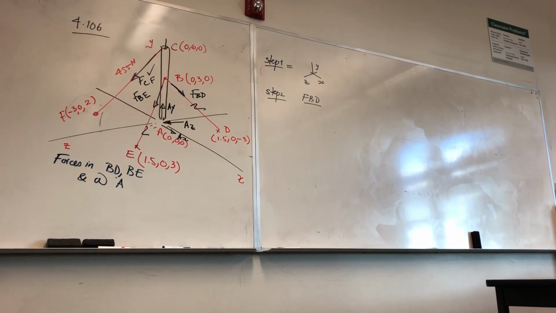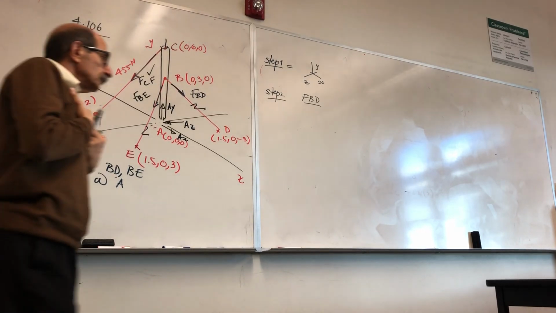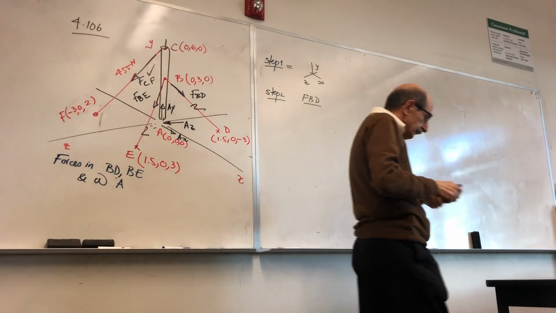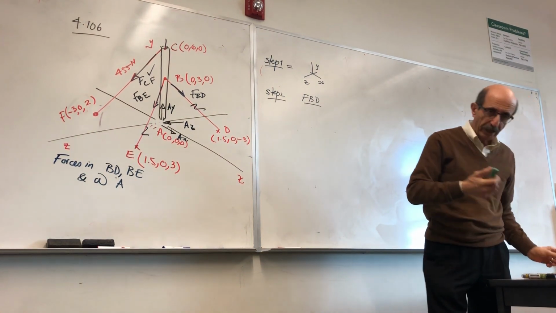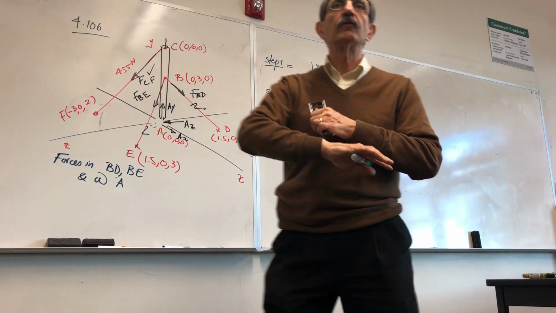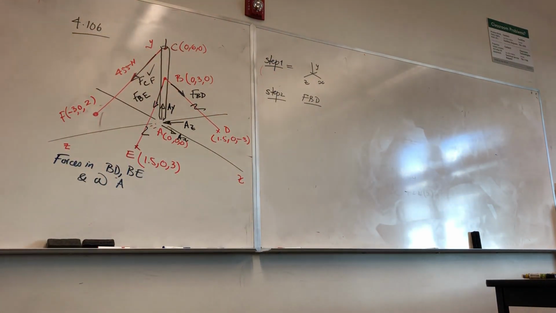As I said, I prefer this approach myself, as I've told you before, I like to find the easy way out. So I want to get rid of all the unknowns except for one. How do I do that? When you want to get rid of as many unknowns as possible, think about an axis that intersects all those unknowns. Because if an axis intersects a force, that force does not make any moment about that axis.